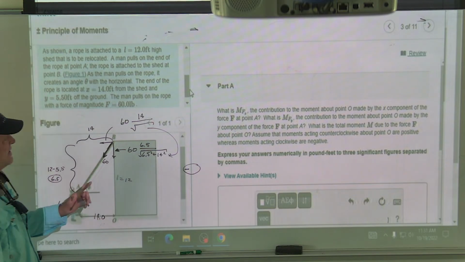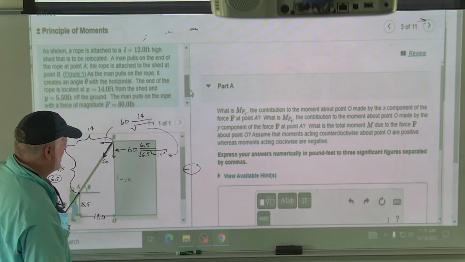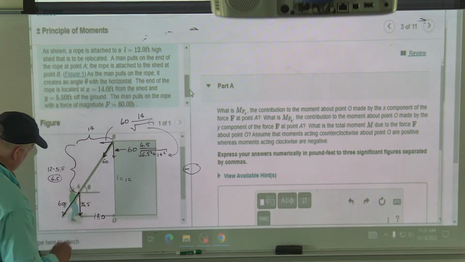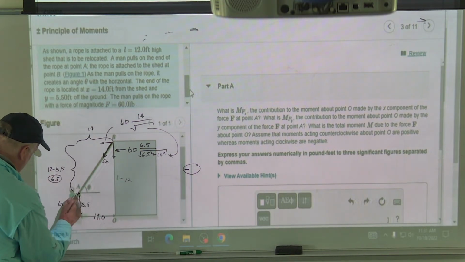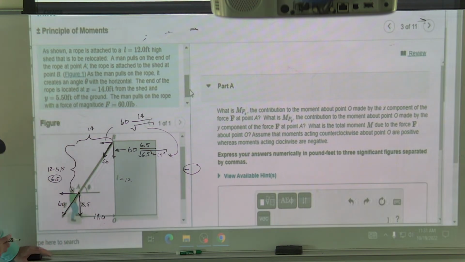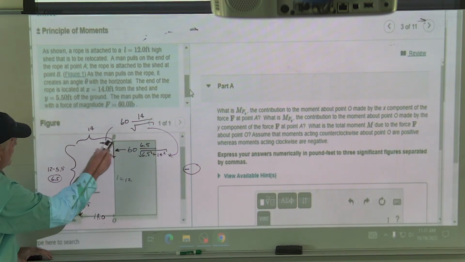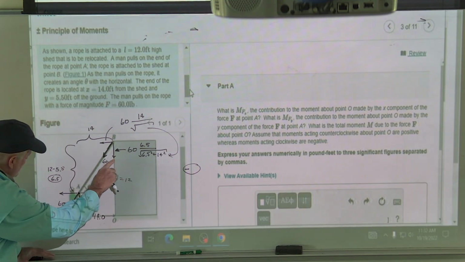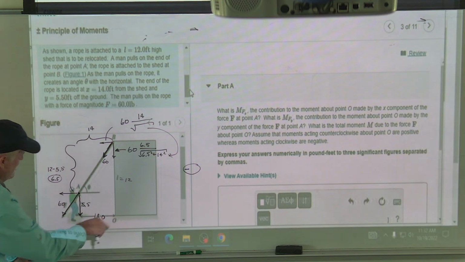Now, this is kind of a trick question because I could see where you would have this, right? But if you translated the load back here, what does that produce, moment about here?